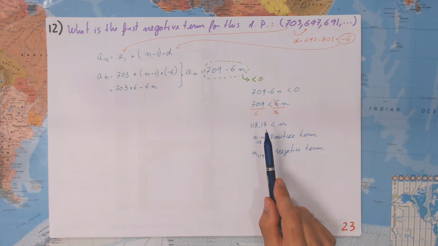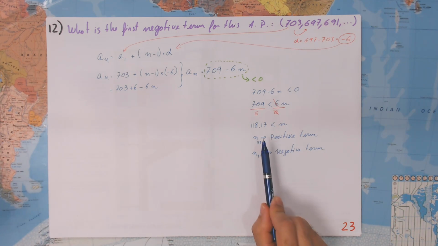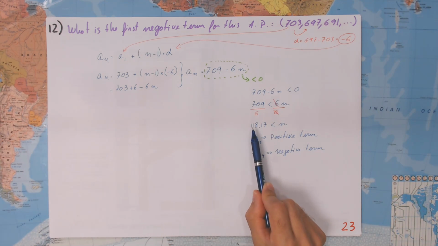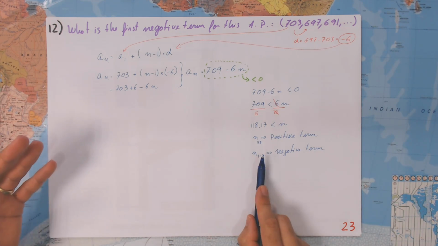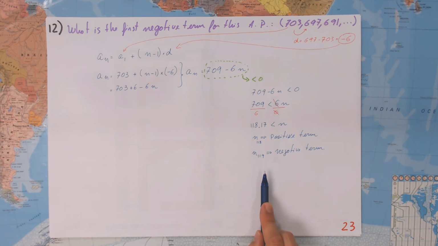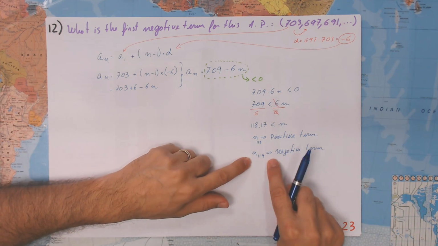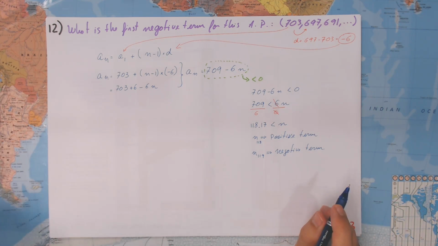But the problem is we don't have a term denominated like the term 118.72. It doesn't have this. We have 118, we have 119, we have 120. So the first negative term is going to be 119. So that is what we are looking for.